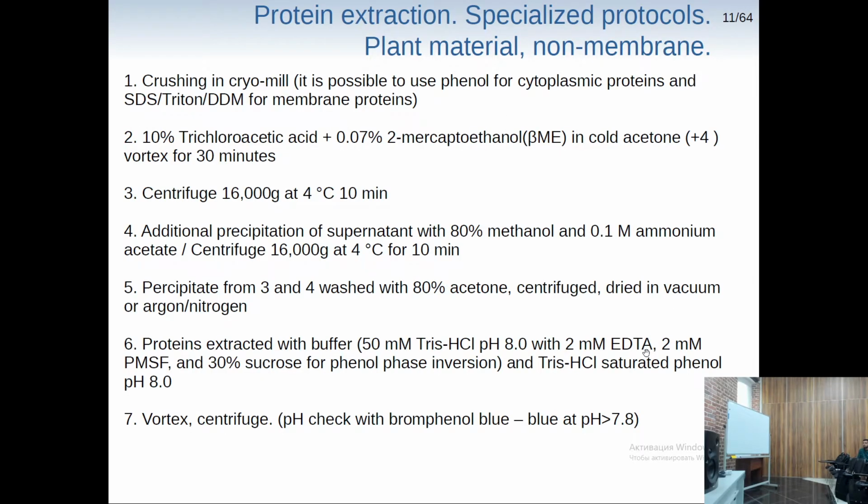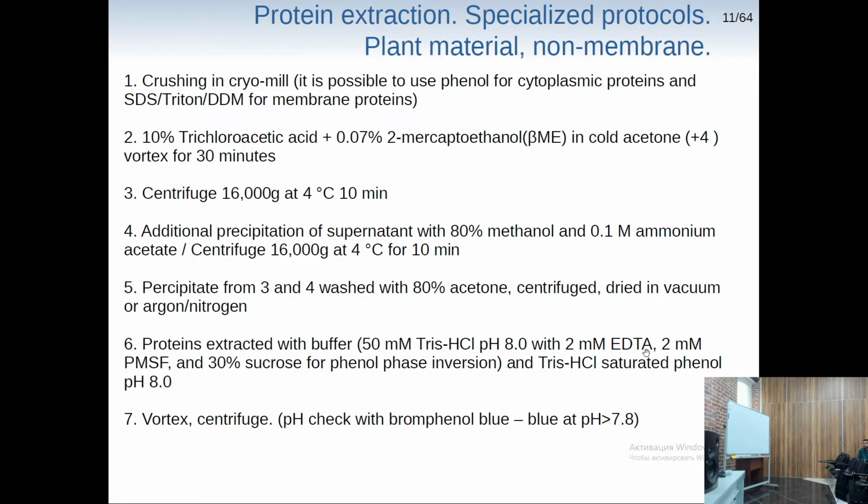So let's see some more troublesome protocols for plant samples, for instance. As we've already discussed, plants have additional secondary metabolites, which can be a problem. When they are in a plant cell, they are compartmentalized and do not mix with our protein.